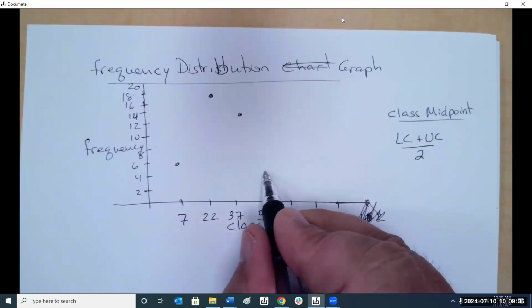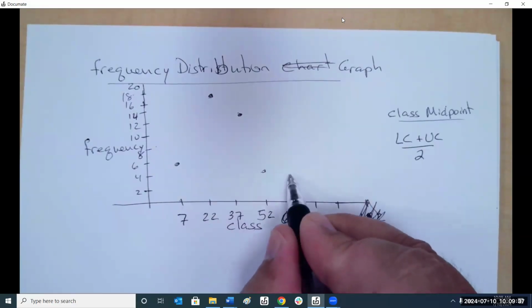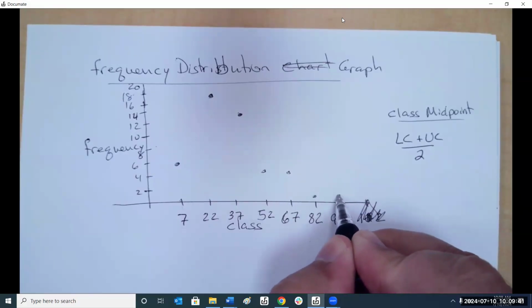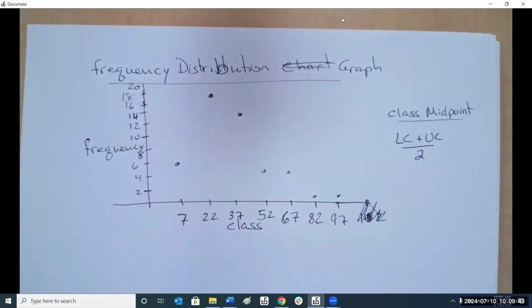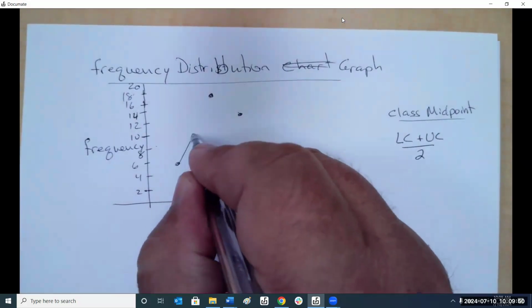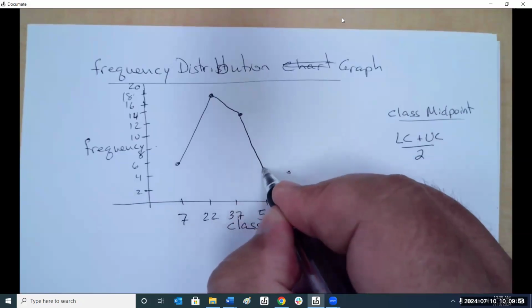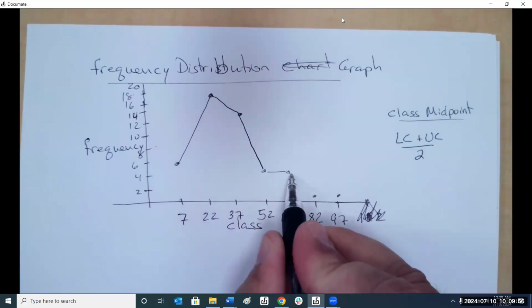Then 5. Then 5. Then 1. Then 1. Just connect them with a line. Some people also call this a line graph.